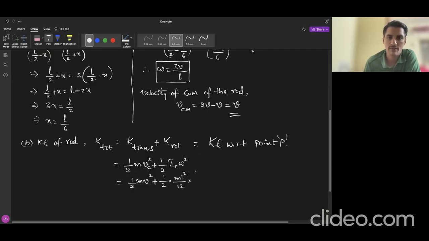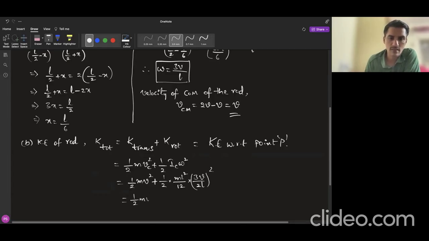What is omega? Here we have got it as 3v by L. Yes or no? So it will be 3v by L whole square.